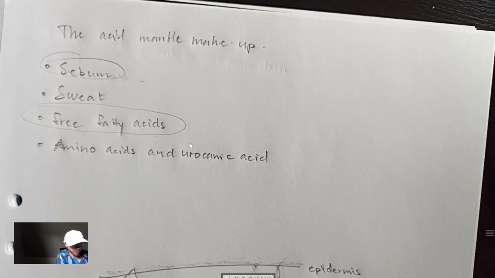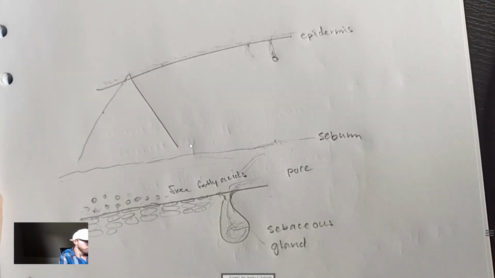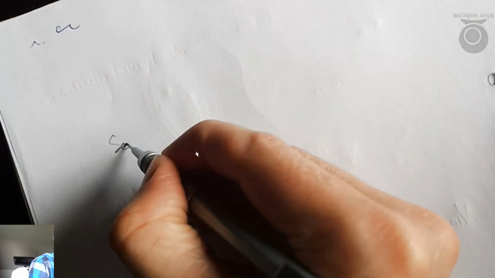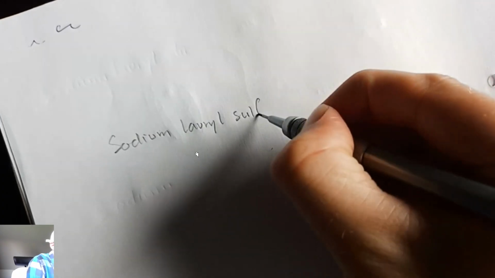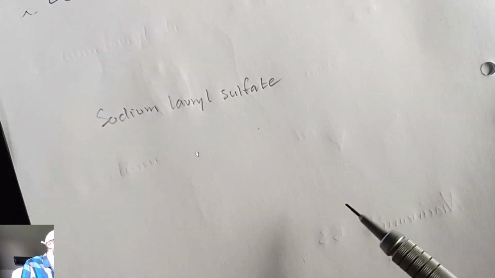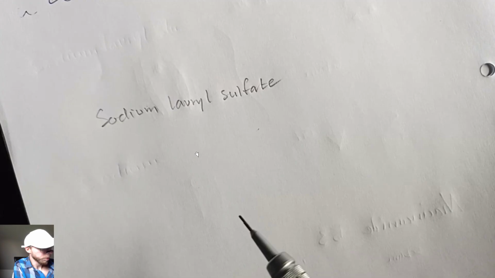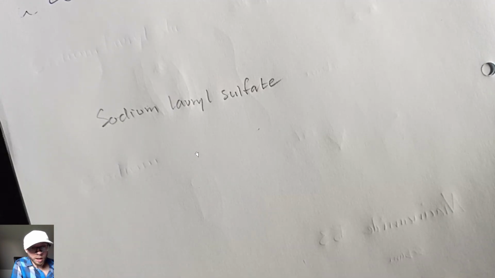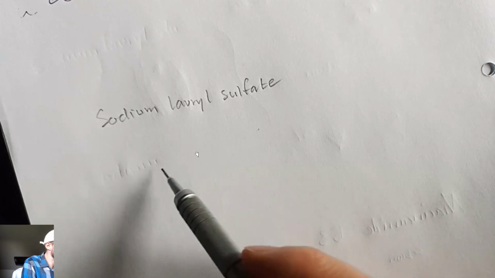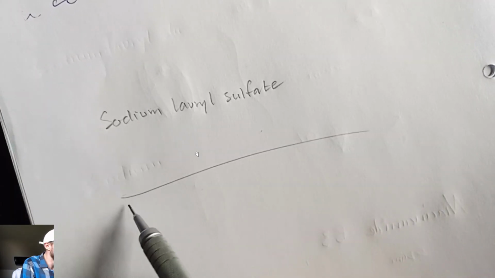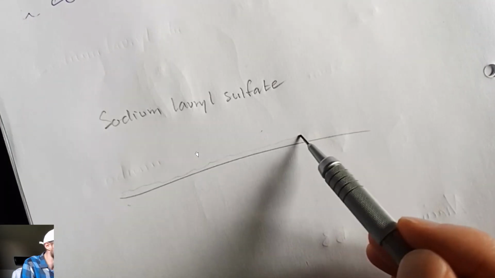Using a cleanser containing a strong surfactant such as sodium lauryl sulfate can be very detrimental to your skin barrier, your acid mantle, because as I showed you, it will disrupt this top layer of sebum.